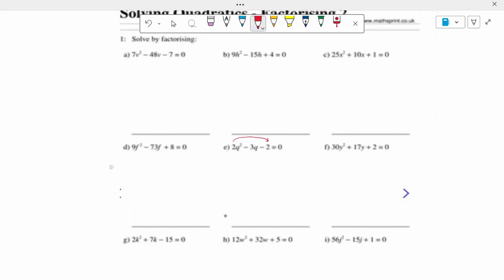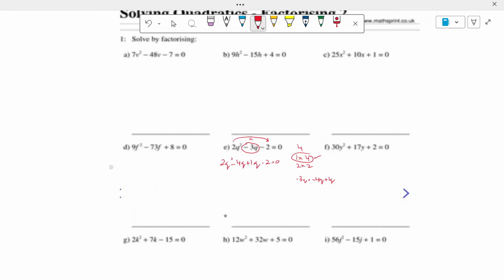2 multiplied by 2 gives us 4. So making factors of 4, it can be 1 into 4, it can be 2 into 2. The middle term is minus 3q. So to break the middle term, we are going to use the first factors, meaning minus 3q is equal to minus 4q plus 1q. So 2q squared minus 4q plus 1q minus 2 equal to 0.